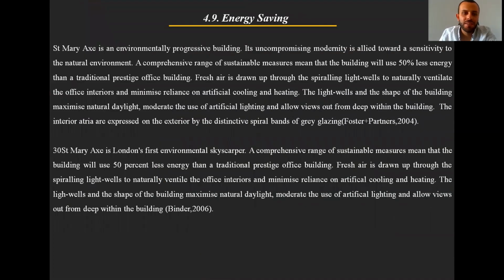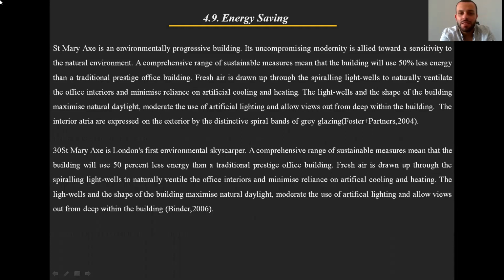Energy saving. The Gherkin is an environmentally progressive building. Its unprecedented modernity allows it to be sensitive to the natural environment. A comprehensive range of sustainability measures means that the building will use 50% less energy than a traditional prestige office building.